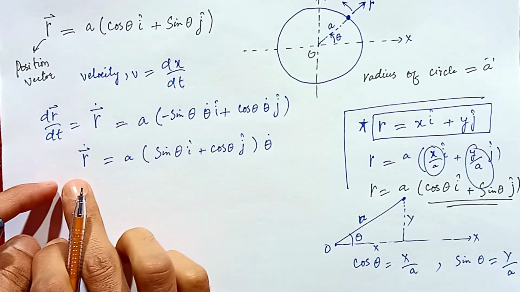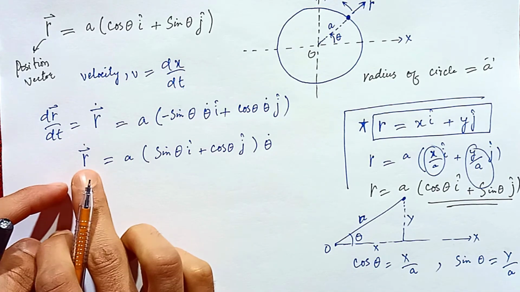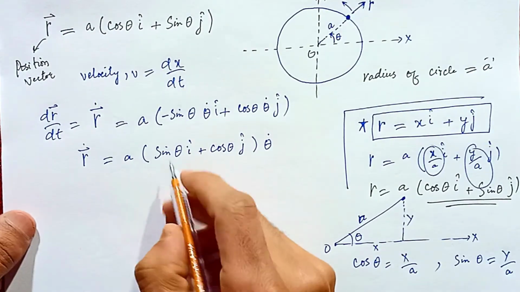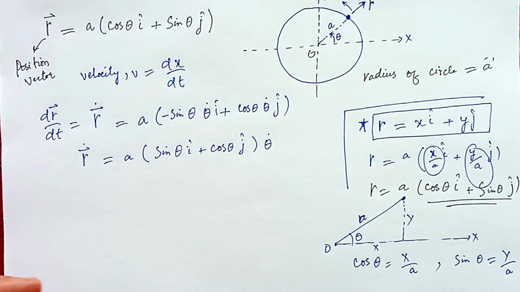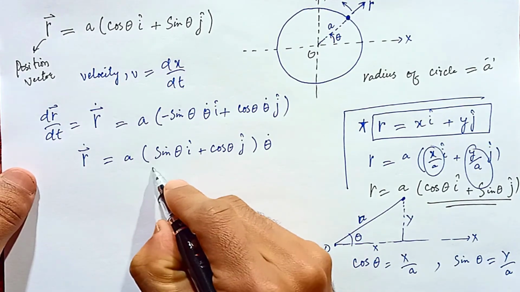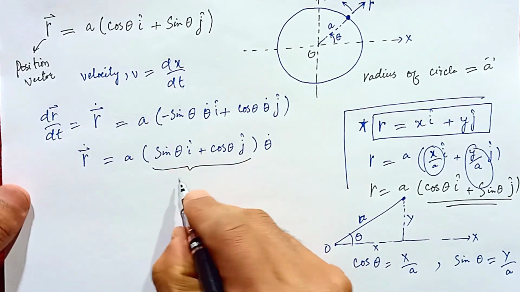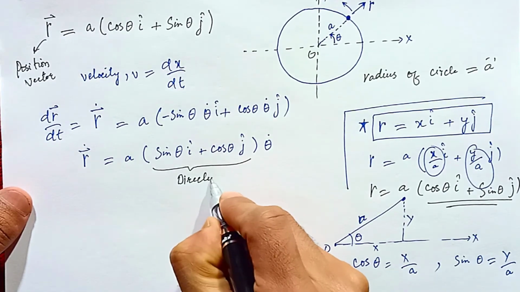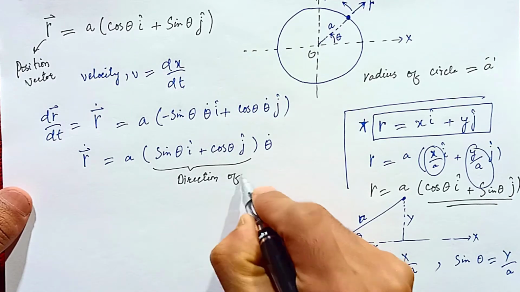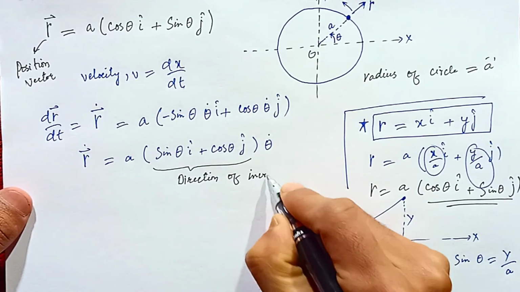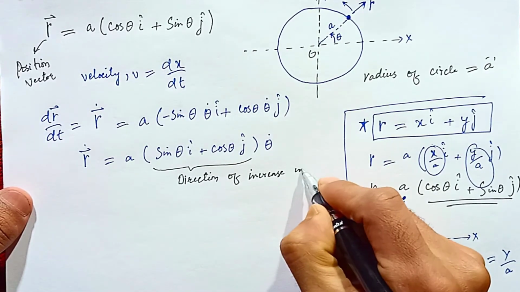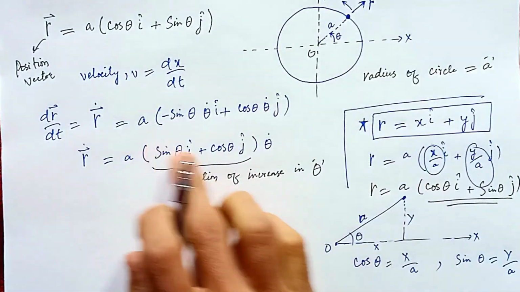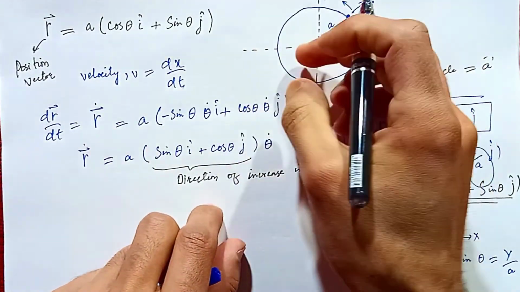So this will give the velocity of this very particle along the circular path, and you have to remember this very thing: this gives the direction of increase or decrease, whatever the case may be, increase in theta, that's the angle. Okay, fine, this gives the direction of the change in theta.